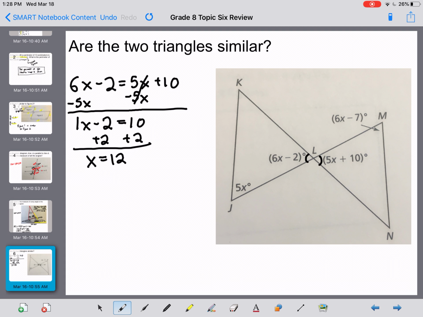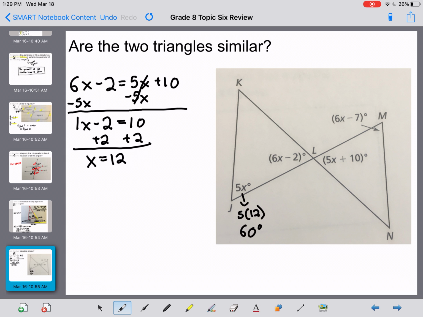Now, I'm going to use that x equals 12 to find the measure of every angle in both triangles to see if my 2 triangles are similar. This first angle, I can have 5 times 12 to give me the measure of angle J, and 5 times 12 is 60 degrees.